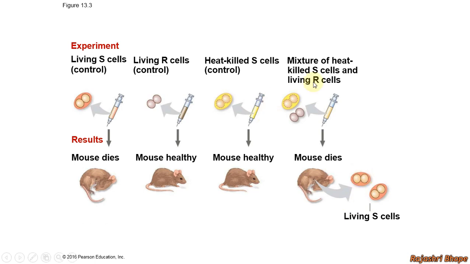Because he used initially dead smooth Streptococcus pneumoniae for injection, and rough live strains mixed with dead cells. Then how did he acquire these living S forms in this mouse? So he stated that something is transforming these non-virulent strains to the virulent one.